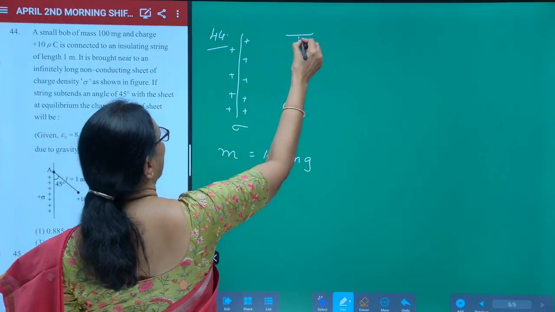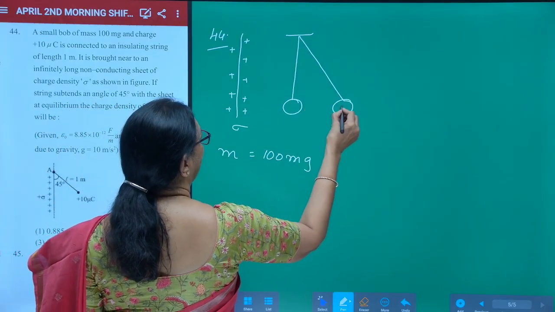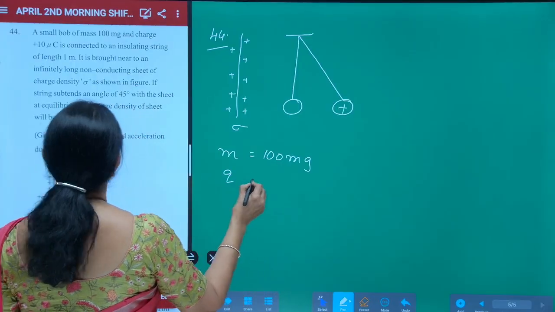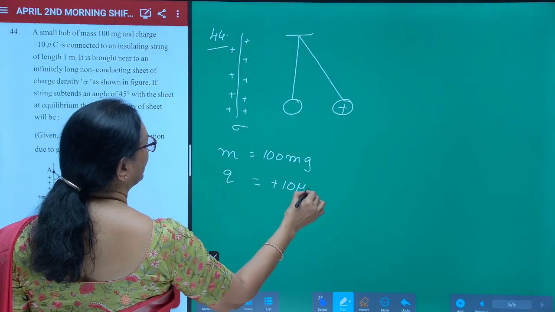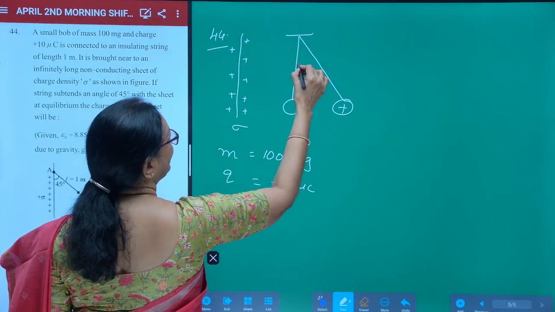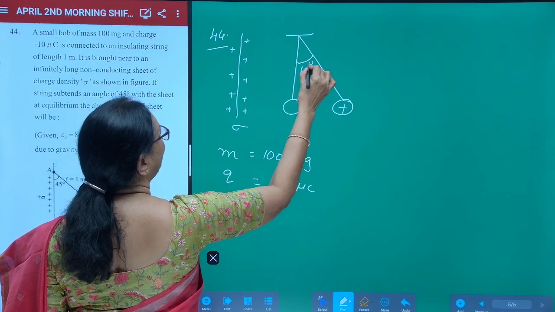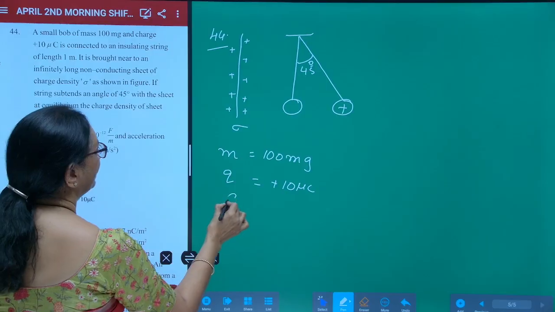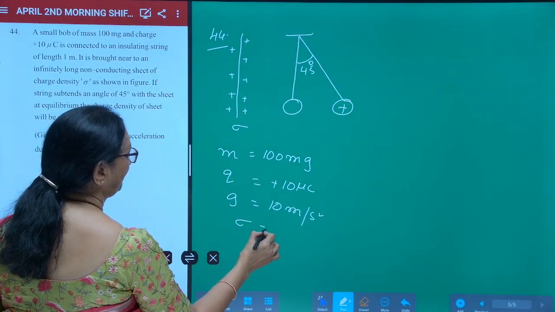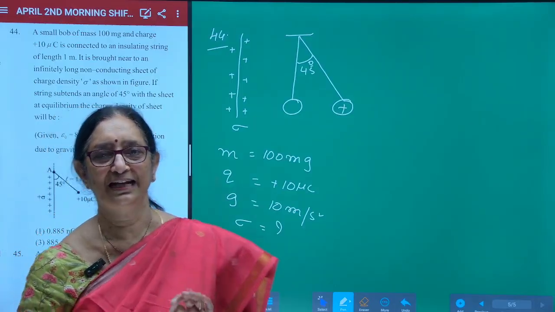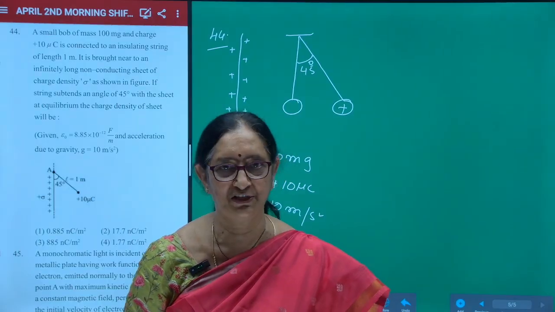When this is given a positive charge Q, that is equal to 10 microcoulombs, it is displaced through an angle 45 degrees and the value of g is given as 10 meter per second square. You are asked to find out the surface charge density of the sheet.